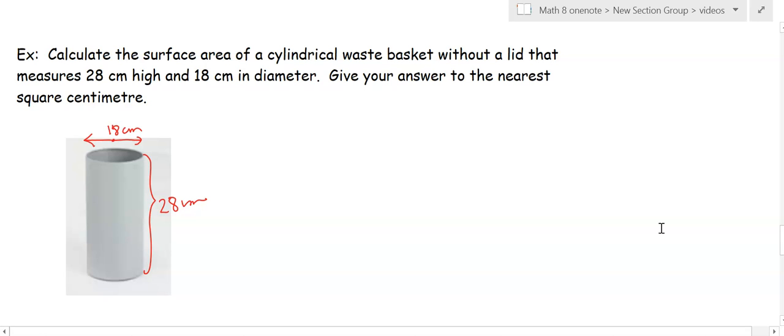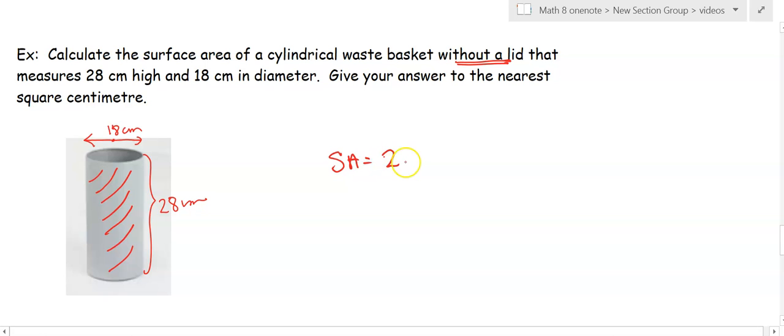If I was to ask for the surface area of a waste basket, meaning how much material is needed, or if I wanted to paint all of the outside edges, how much surface am I painting? But this time there's no lid, so there's no top circle. How would I convert my formula?